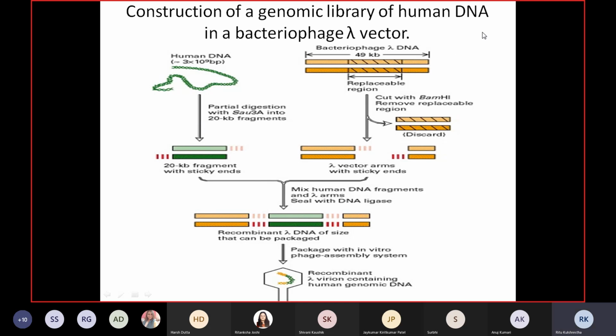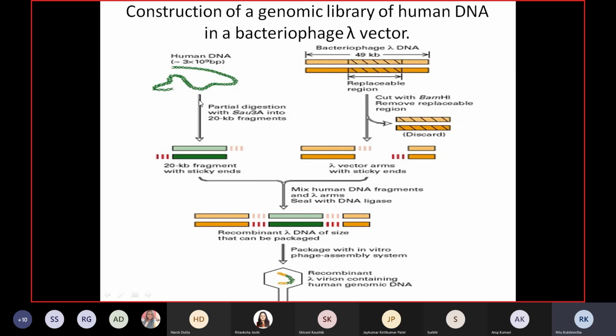This is your bacteriophage lambda DNA, actually the replacement vector. So this is the stuffer fragment. Let's say it's in between BamH1 sites, one on either side. So I cut it with BamH1 and what I get are the two ends, and the stuffer is removed. Now I ligate these ends with this.